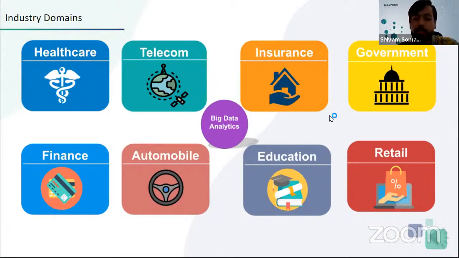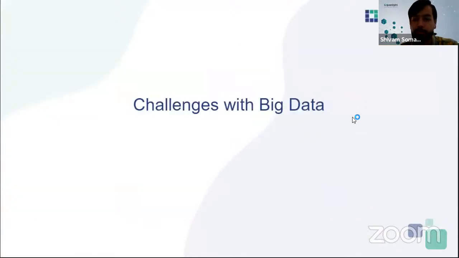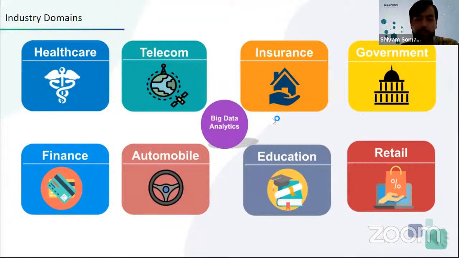Currently, CoWIN is the portal they are using to track how many people are vaccinated or not. There are 130 crore people in India, so this huge amount of data is generated on government portals as well, and they use it to analyze and give a better index.